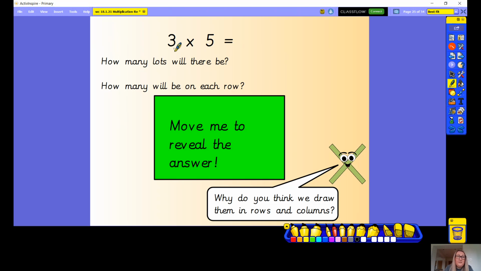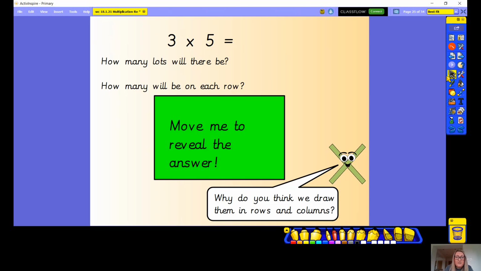So let's think about this number sentence. 3 times 5, or 3 lots of 5. How many lots will there be? 3 lots of 5. So there'll be 3, won't there? Okay, so there's going to be 5 on each row because we're doing 3 lots of 5. So we're going to do 5 on each row and then 3 lots of that.